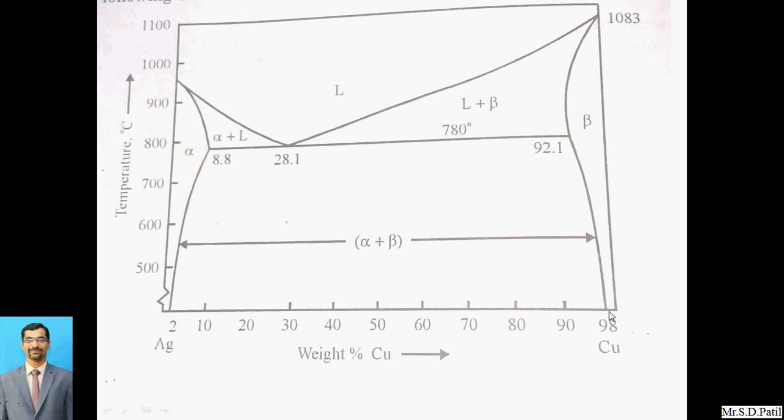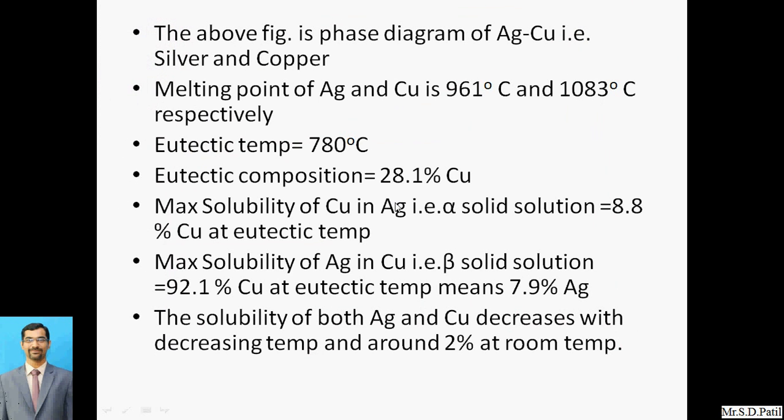Similarly here, the solubility of Ag in Cu is 2% at room temperature, but this solubility increases up to 7.9% of Ag in Cu at eutectic temperature. So I hope you have understood these particular phases.